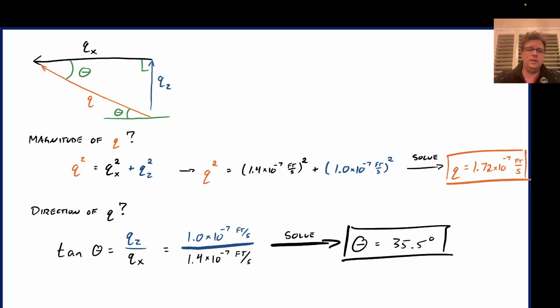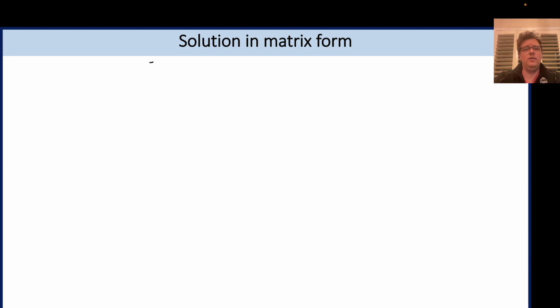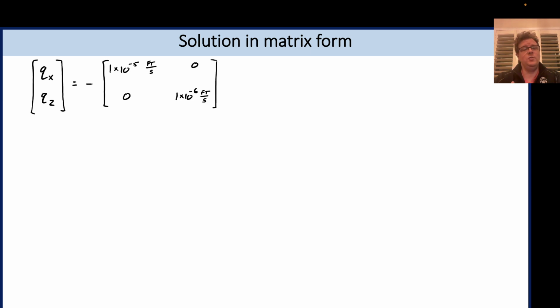There's one extension I'd like to show you in this problem, and that's how we could address it if we decide to solve in matrix form. So the 2 equations that we had written out for qx and qz, we could combine those. So think back to sort of a linear algebra approach here, where we could take the hydraulic conductivities and put those in a matrix, and then we could take the hydraulic gradients and put those in a matrix.